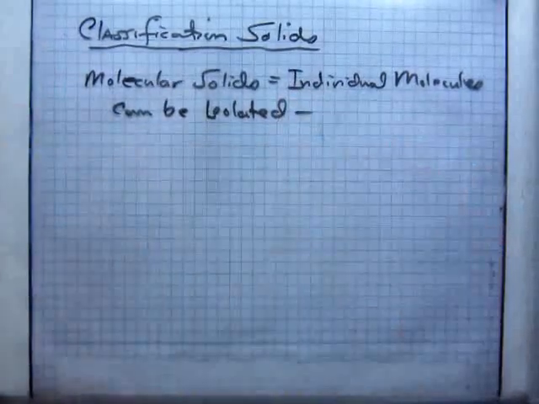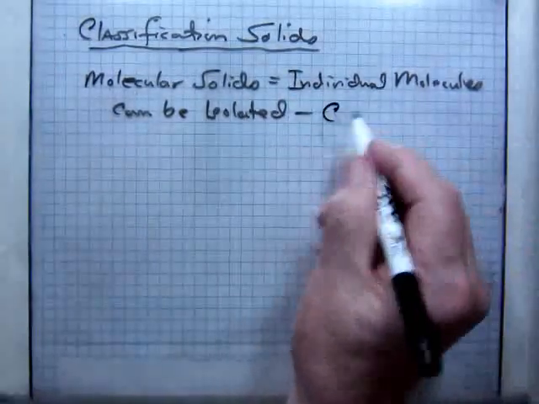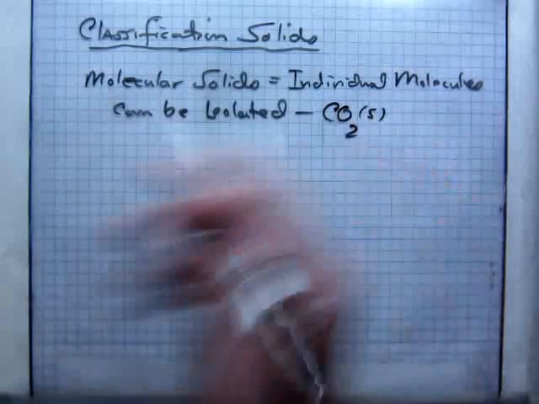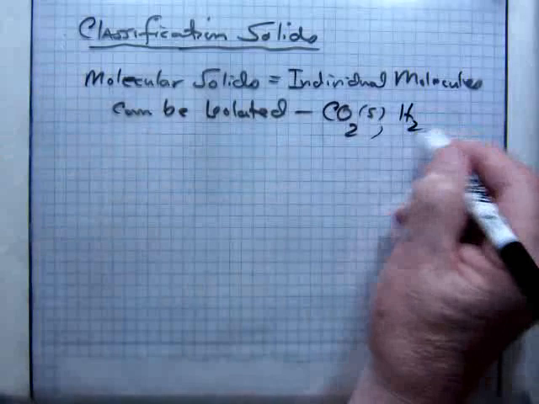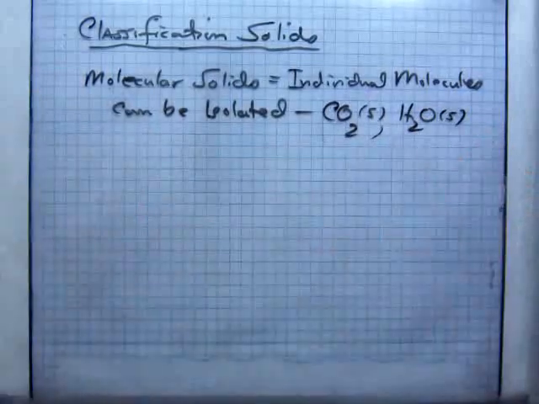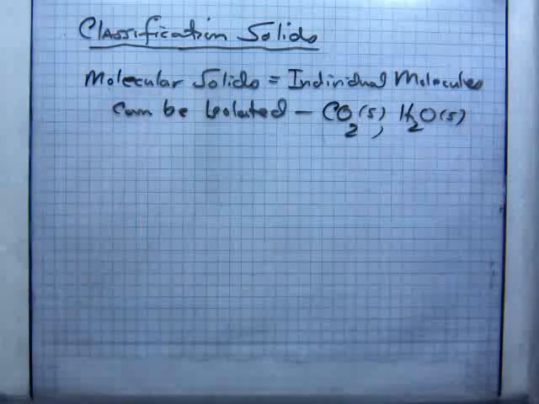Let me see. I've got dry ice. CO2 solid, dry ice, is an individual structure. Ice itself, H2O in solid form, whatever you solidify, molecules that can exist, organic molecules exist in solids.